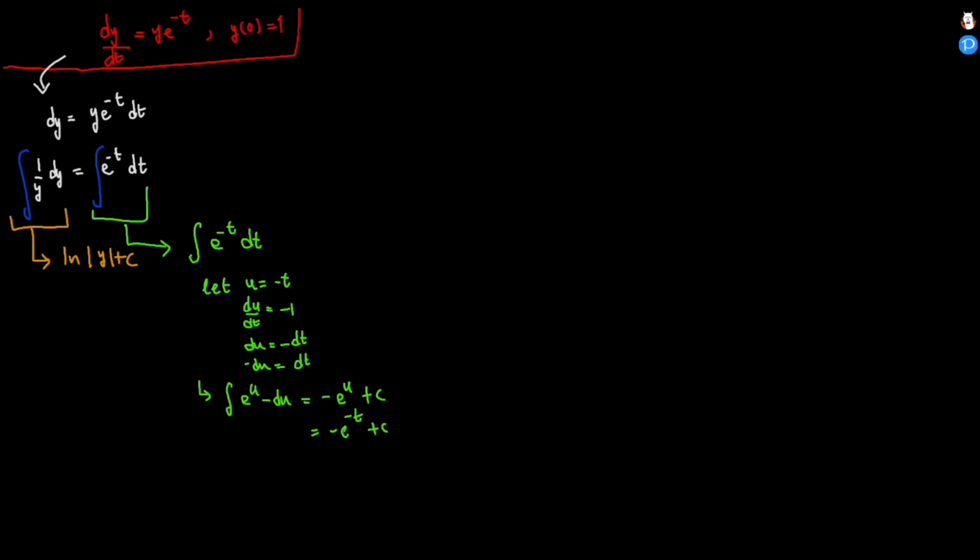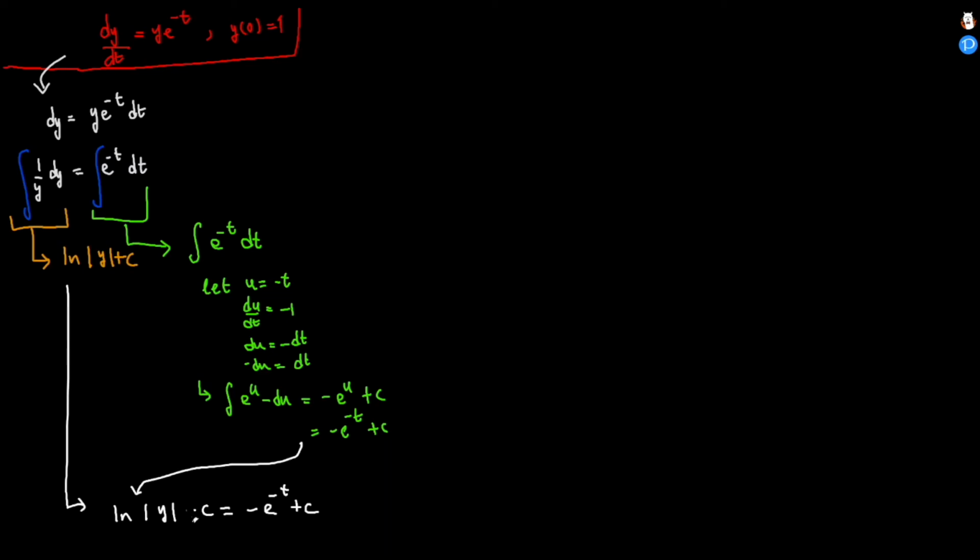All right. Now bringing both of these back together, we get the natural log of the absolute value of y plus c equals minus e to the minus t plus c. Now we can recognize that we have two c terms.